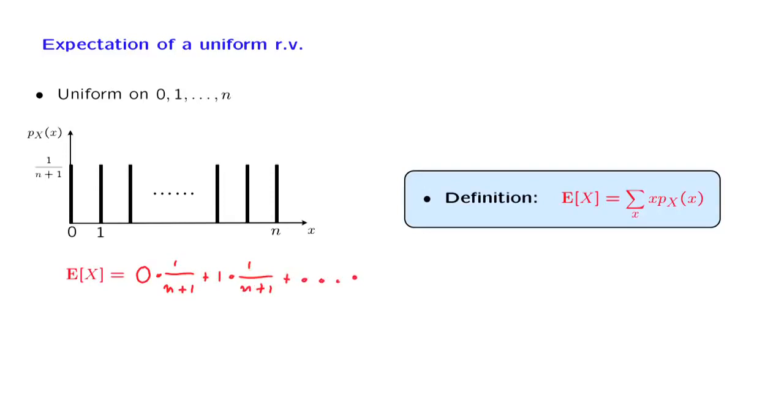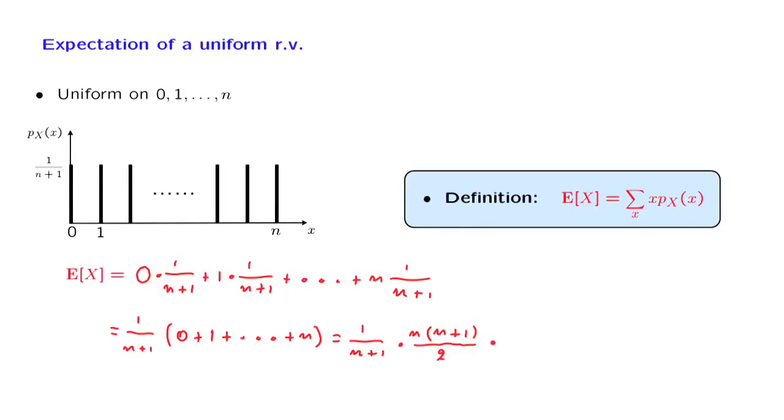So we obtain a summation of this form. We can factor out a factor of 1 over n plus 1, and we are left with 0 plus 1 plus all the way up to n. And perhaps you remember the formula for summing those numbers, and it is n times n plus 1 over 2.